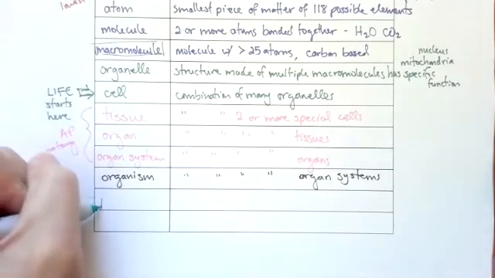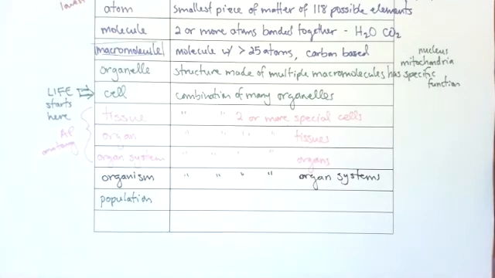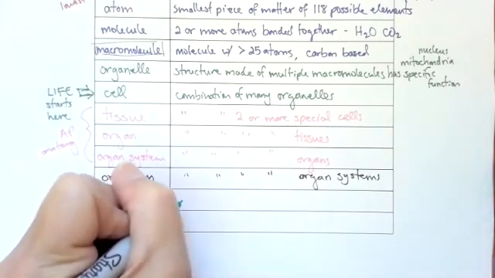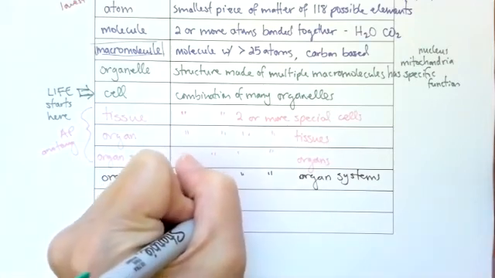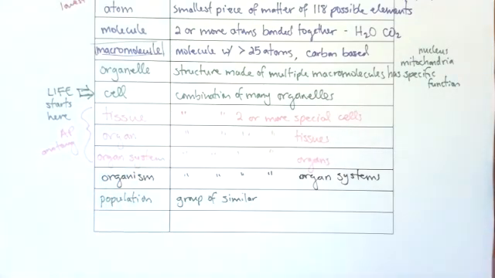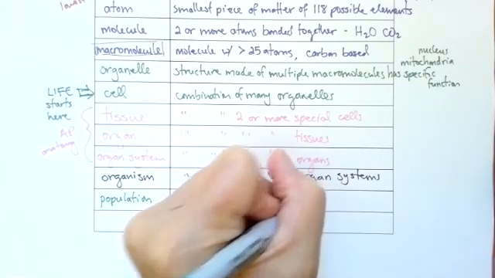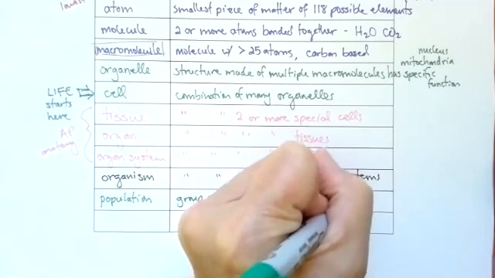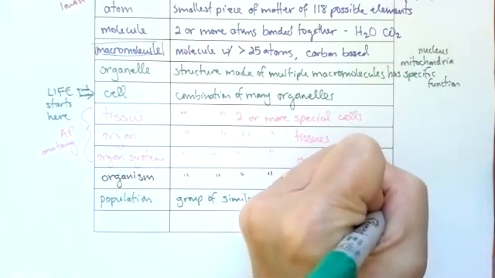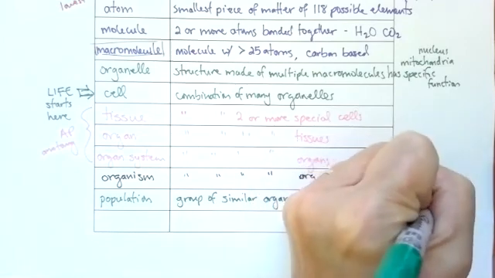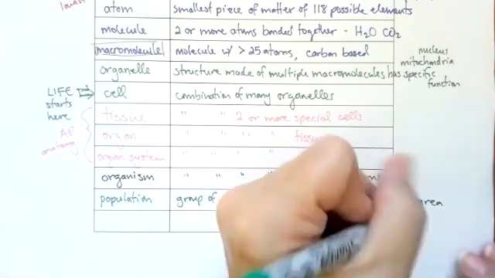So we could have a population, and this is a group of similar organisms. And we define that, we're going to see in the next lesson, as a species in a given area. And that's a geographical area. So they're all within a certain area geographically.